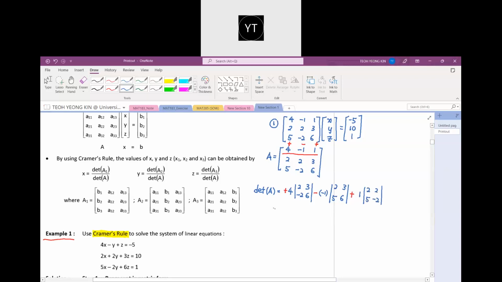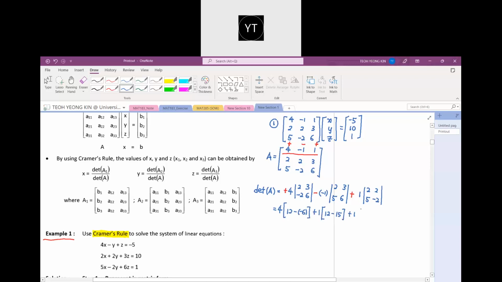So here we have the value 4 times (2 times 6, 12, minus 3 times -2, -6). Negative will become positive, so 1 times (2 times 6, 12, minus 3 times 5, 15).